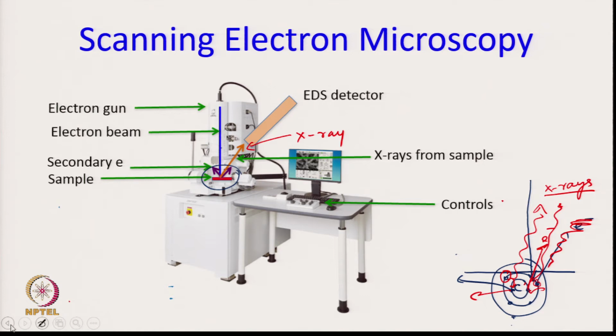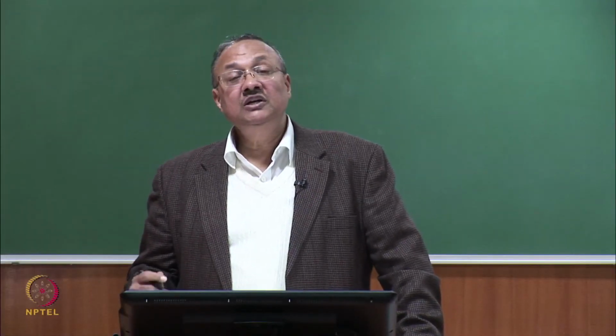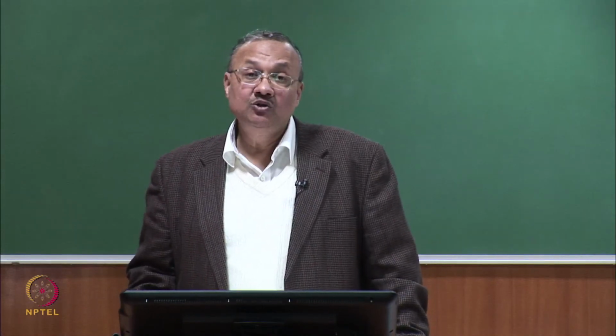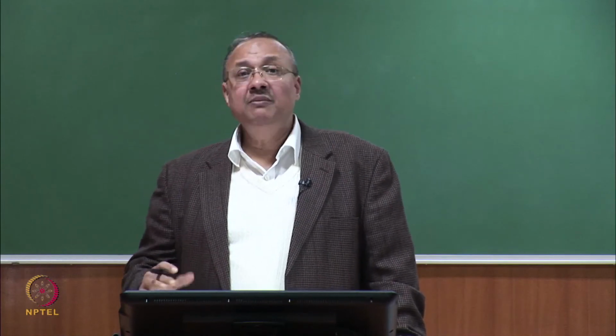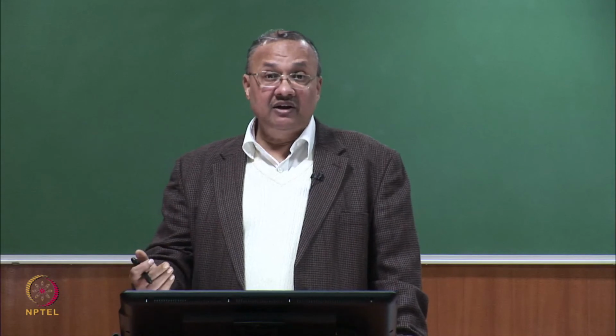This detector can tell me what kind of X-rays have come, what energy X-rays have come, and these energies are very specific to the differences in the orbital energy levels of an atom. So, it will tell me whether that X-ray came from carbon. There may be many types of X-rays, because there are many electrons, so there may be many transitions.